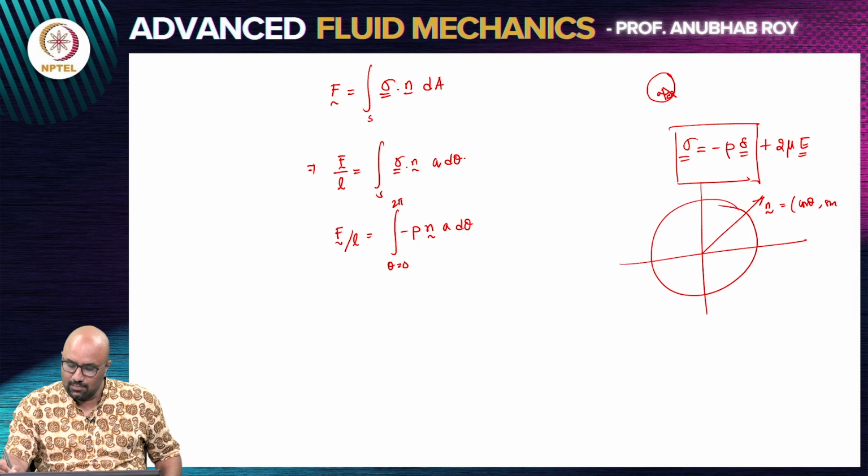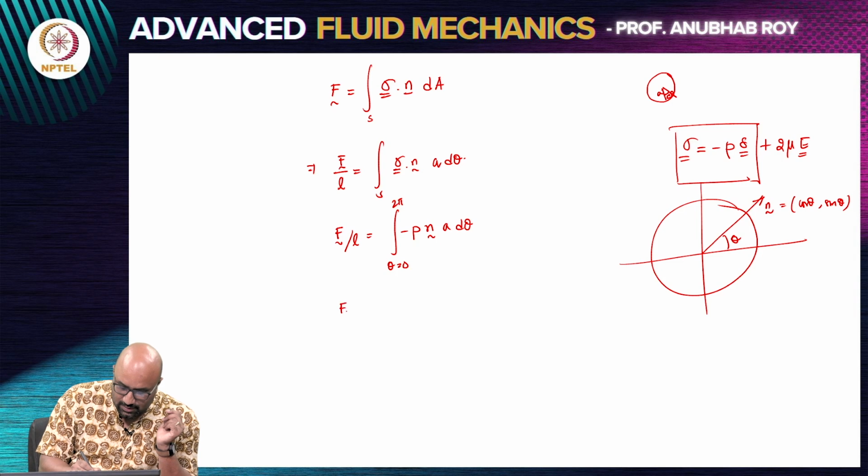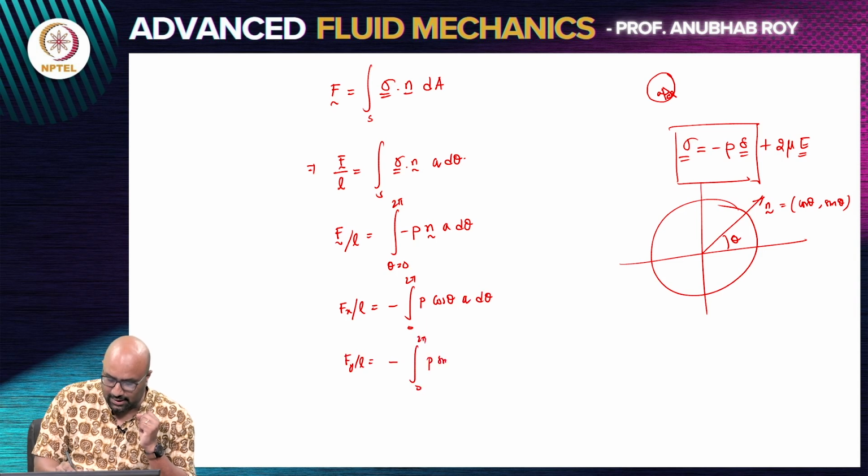Cos theta, sin theta. If this is theta, then in terms of x cap and y cap, that is cos theta, sin theta, which means the force that the body experiences in the x direction is minus the integral from 0 to 2 pi of p cosine theta a d theta, and the force in the y direction is minus p sin theta a d theta.